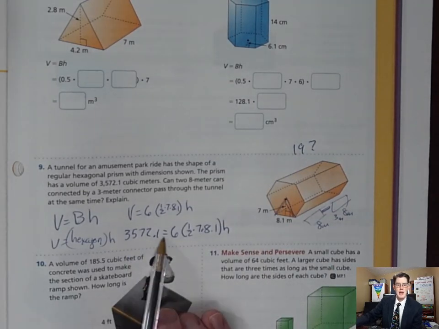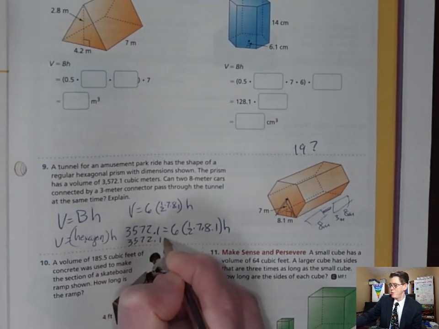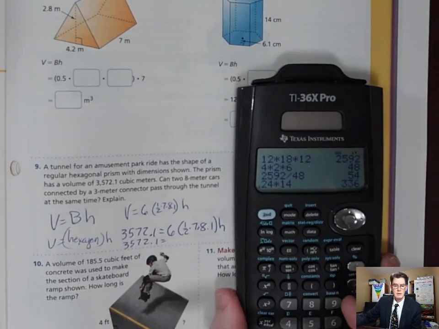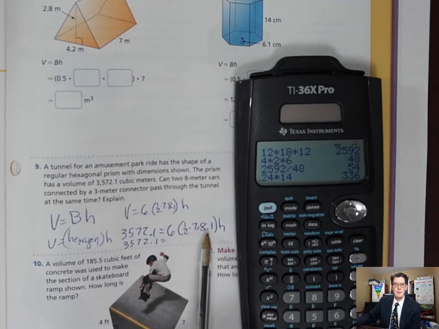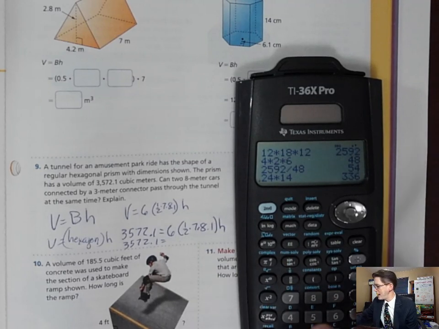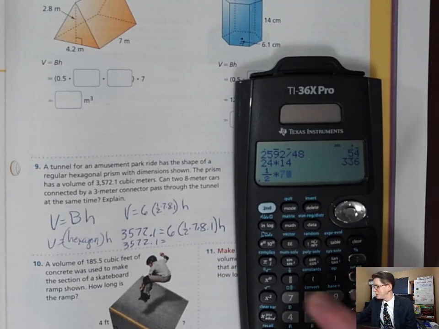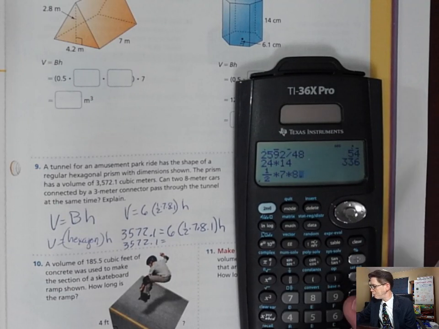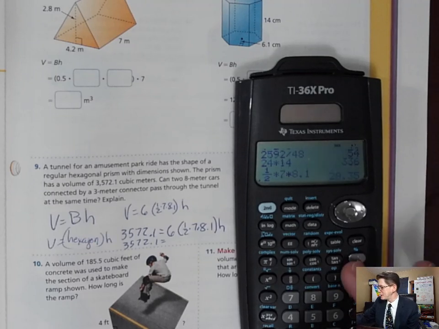So when we put all that into our calculator, 3572.1 equals, I have no idea what 6 times 1/2 times 7 times 8.1 is. But you do the parentheses first, so 1/2 times 7 times 8.1, 28.35, and times that by 6.